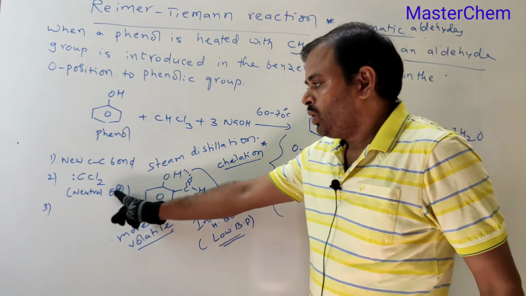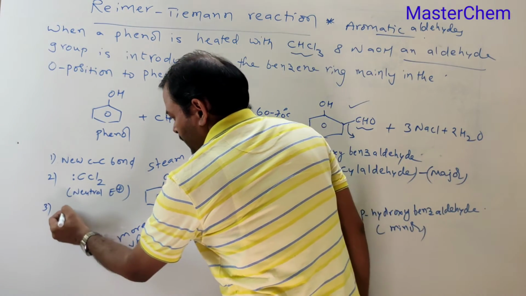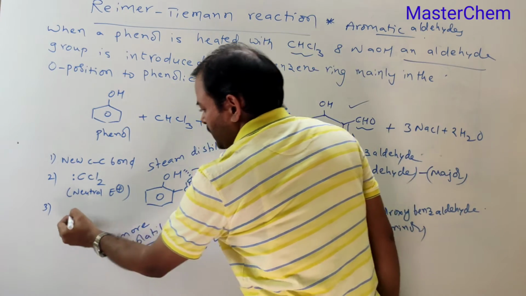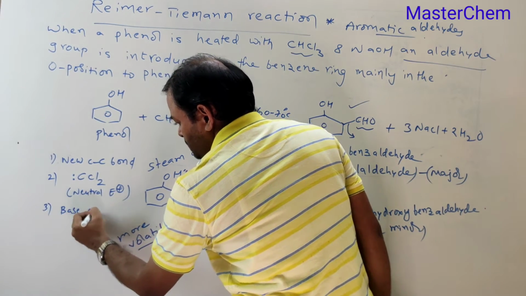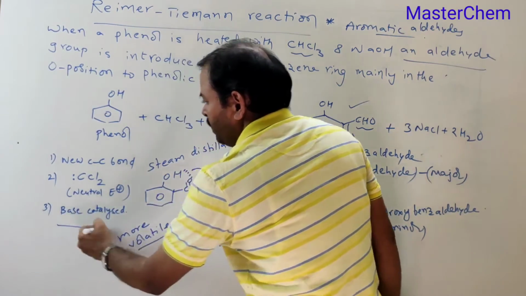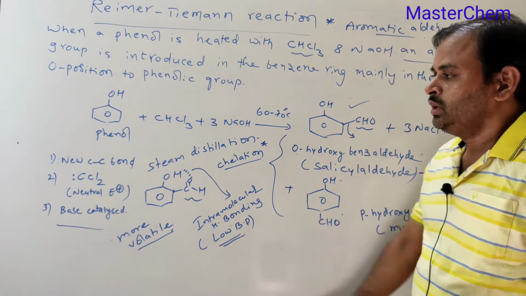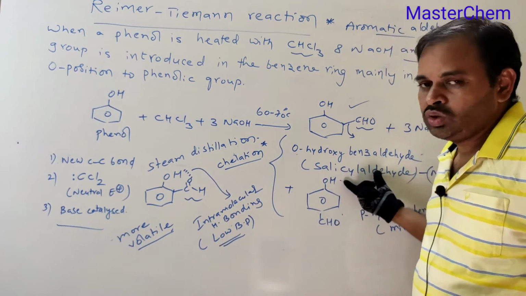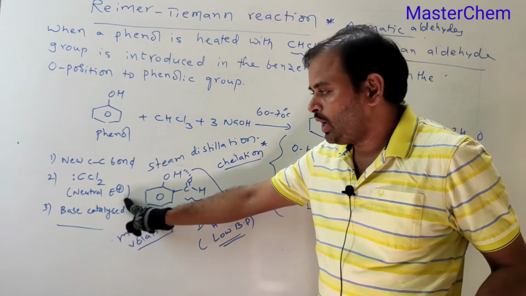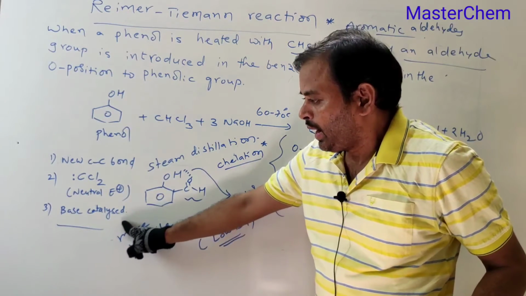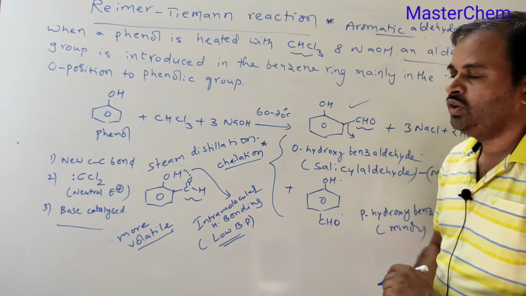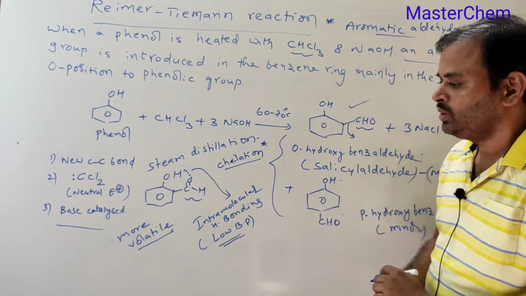The third point is that it is a base-catalyzed reaction. And the main product is the ortho product. So new carbon-carbon bond formation, neutral electrophile, and base catalysis are the important features of the Reimer-Tiemann reaction.